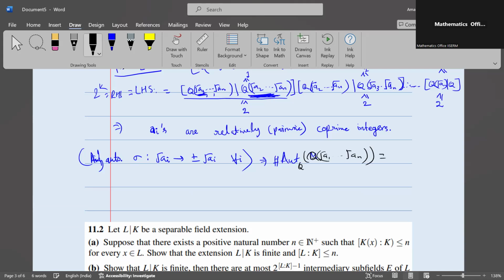This automorphism group is of order 2 power N, and this is also the degree of extension Q(root A1 up to root AN) over Q. So this extension is Galois.